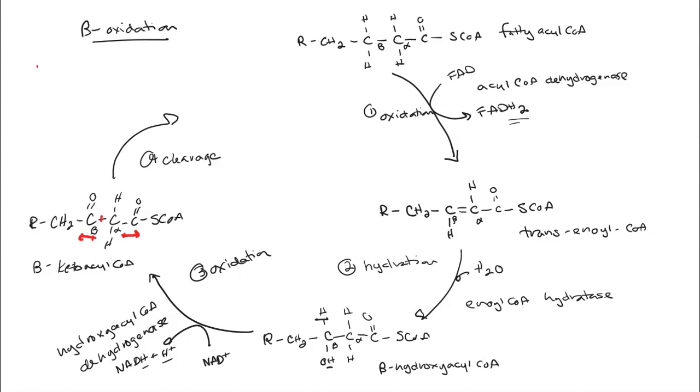So we've got our thiolase enzyme, we have our coenzyme A coming in, and what's going to happen is, let me pull that back up again. Let me see, maybe a different color this time.